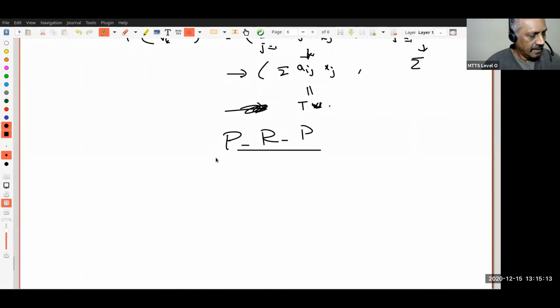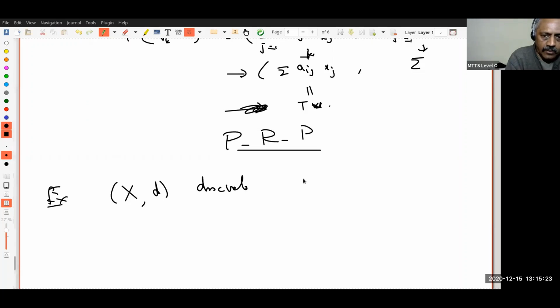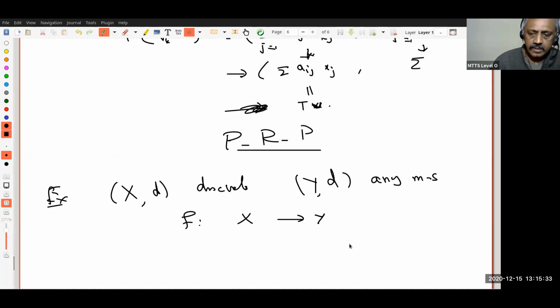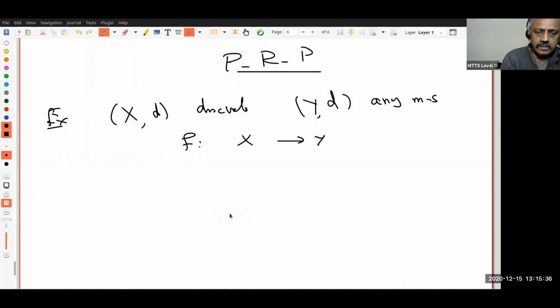Okay. And next is, before we close, we'll look at an example of discrete metric space. Let X be discrete, and Y is any metric space. Okay, not necessarily discrete metric. And suppose f is a function from X to Y. Okay. I want to know continuity.